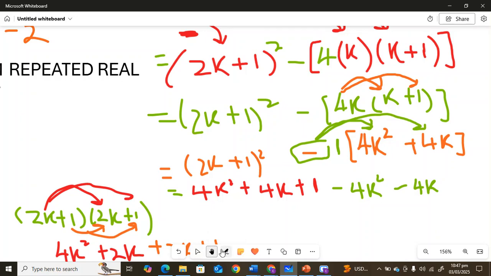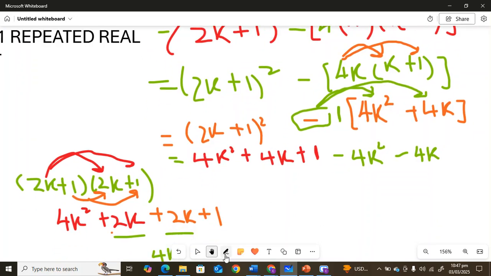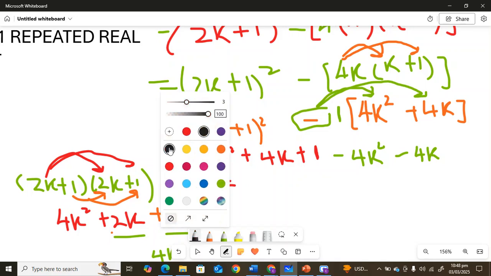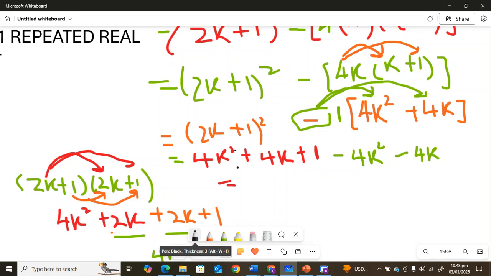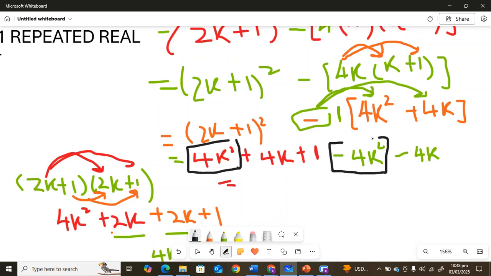So, next thing, we need to put like terms together. Okay, so like terms here, 4k squared and this negative 4k squared. So you say 4k squared minus 4k squared.